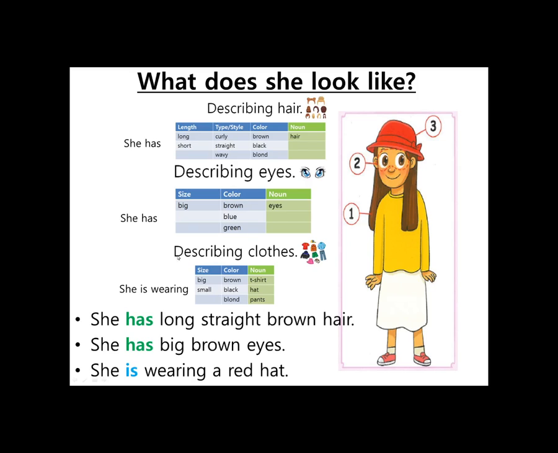And for clothing, we can say she is wearing or he is wearing. So we use this sentence structure and then we can talk about the clothes. So she is wearing a red hat. She is wearing a yellow sweater. She is wearing a white skirt. And she is wearing red shoes.